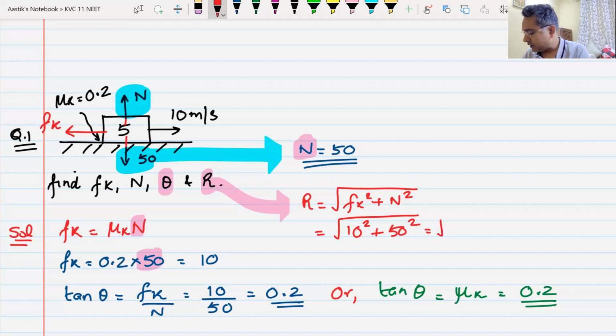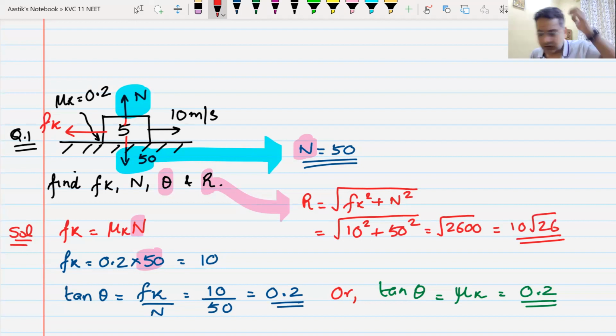So that will be the square root of 2500 plus 100, 2600. You can write it as 10 times root of 26. So these are the answers for the different questions. Anyone got these answers?